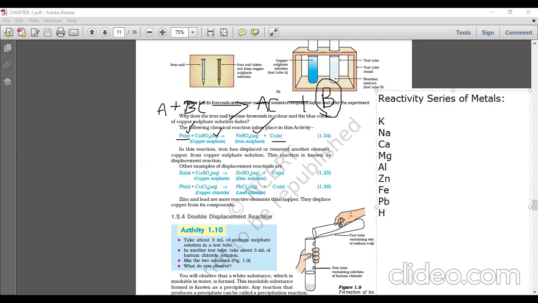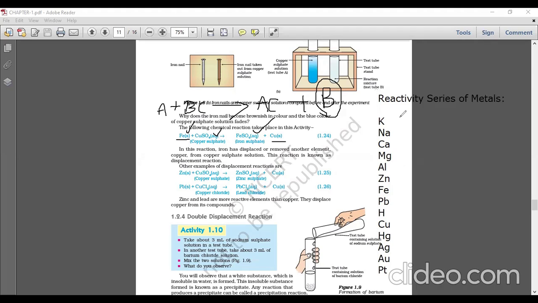Hydrogen is not a metal, it's a gas, so there are some exceptions. Then copper, after that mercury, silver, gold, and platinum. So this is the reactivity series of metals. I have written from top to bottom, meaning high to low reactivity.